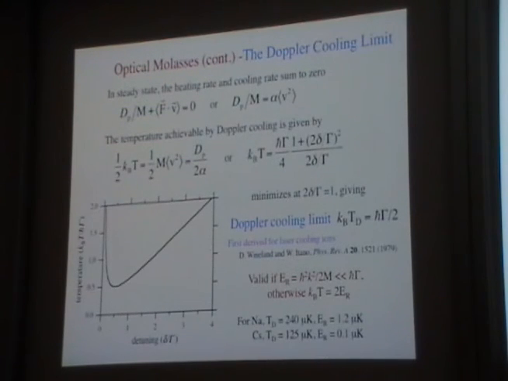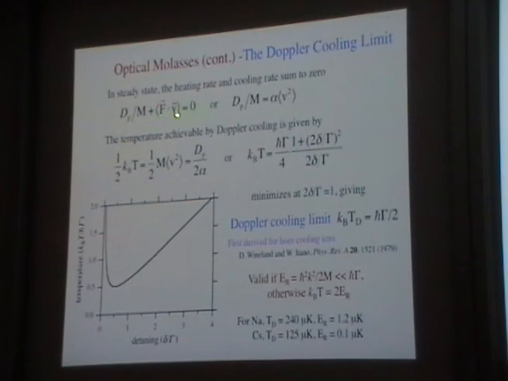How low a temperature you can cool the atoms to depends on the competition between the rate at which you're cooling the atom against the rate at which you're heating the atoms up due to this random diffusion of the atom in momentum space due to spontaneous emission of photons. If you equate the two, in steady state, the cooling rate is equal to the heating rate.